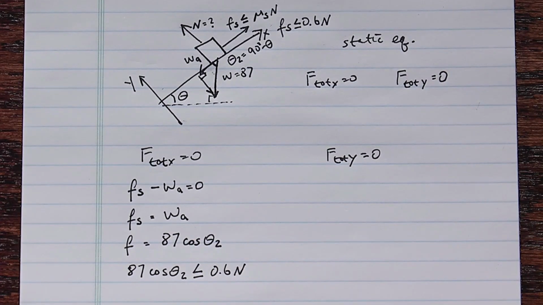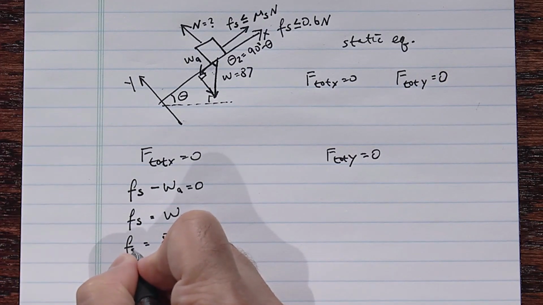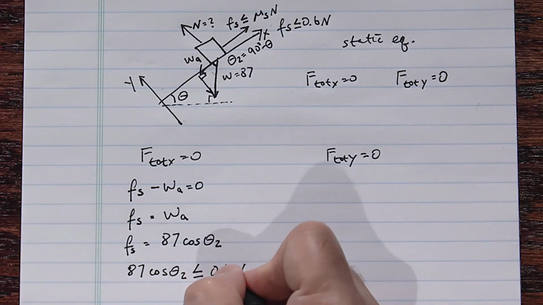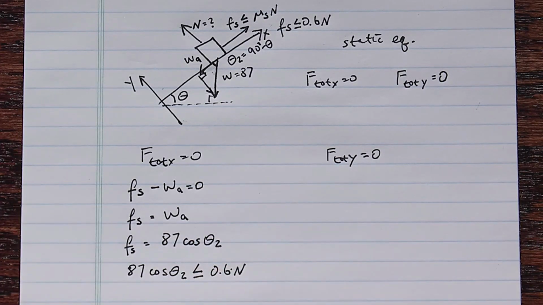So once again, we still have two unknowns here. Let me write my force static friction. We still have two unknowns here. We have theta 2 and we have the normal force. And that's not newtons now. Be careful. That's not newtons. That is 0.6 times the normal force. Well, where are we going to get our normal force from? We'll get that from our y equation.